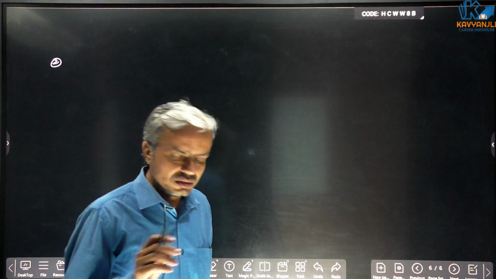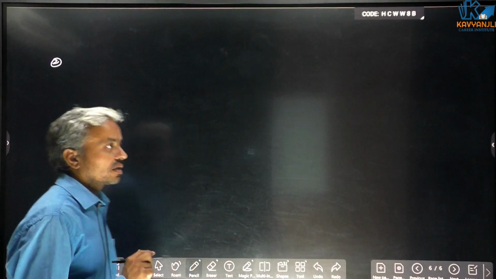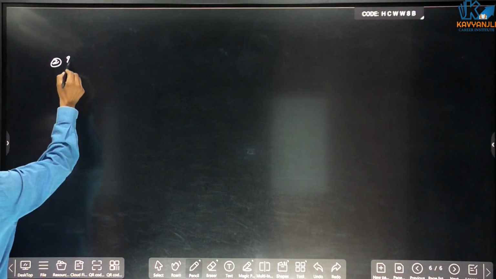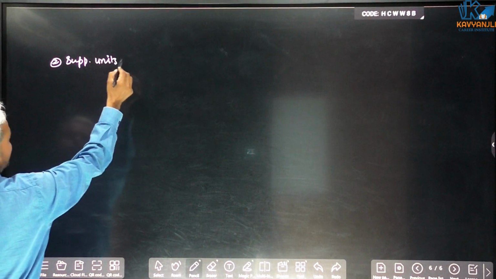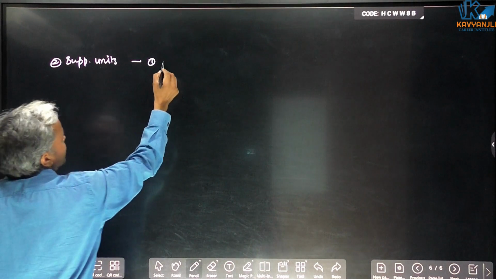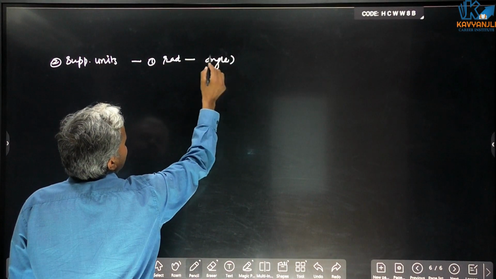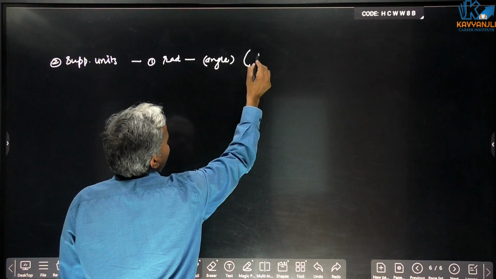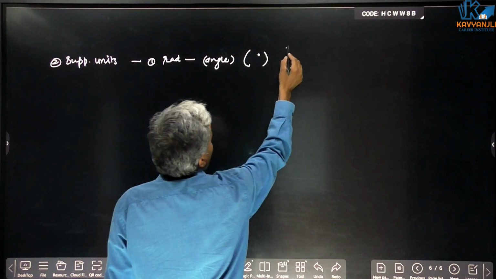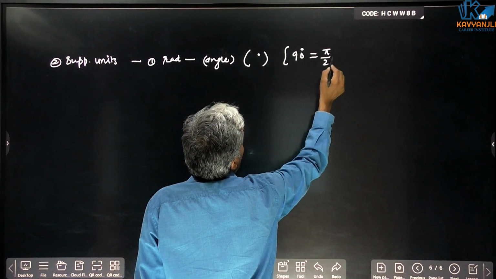Along with these 7 fundamental units, there are 2 supplementary units. First is radian, which is for angle. Angle is a physical quantity and measured in radian. Earlier we used degree, like 90 degree is pi by 2 radian.